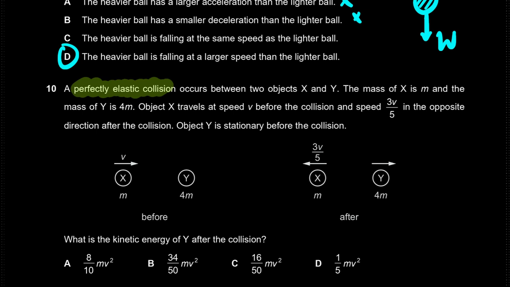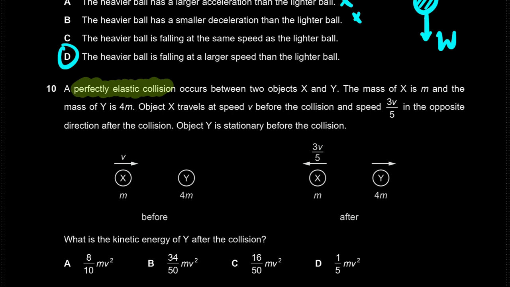Now there are a couple of ways you can do this. The simplest way seems to be this, that because it's a perfectly elastic collision, the kinetic energy is conserved. So you can just say that the kinetic energy before collision must equal the kinetic energy after the collision, right? So obviously talking about totals here.